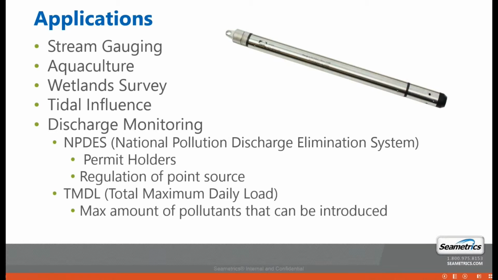In the States, we have to adhere to NPDES codes, so they're monitoring anything that's coming out of a factory, anything that might be producing into a water stream. And while they're monitoring that, they're looking at the max amount of pollutants that can be introduced as well. We have pretty strict laws over here in the U.S., and so this is all very important in their reporting.